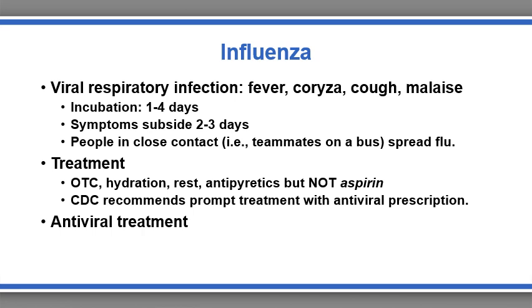The antiviral drugs are basically classified as neuraminidase inhibitors, which block neuraminidase, the enzyme that helps release the virus, which then allows the body to deal with it more effectively. So again, it's intended to reduce symptoms and reduce complications.